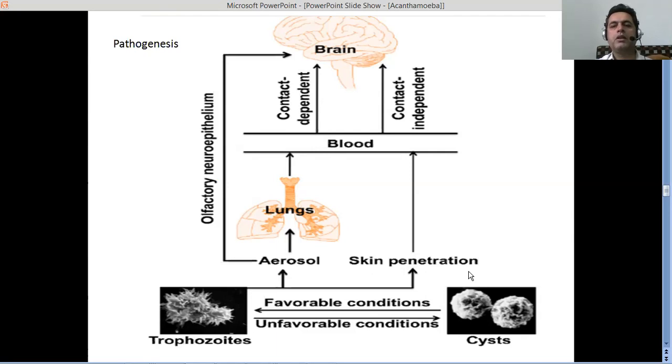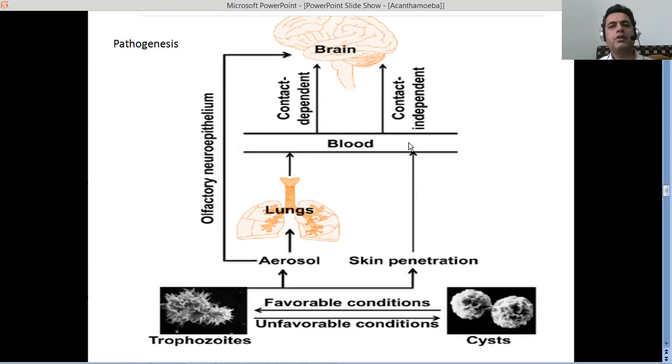Similar is the case with skin penetration. Skin penetration can also lead to the parasite entering the blood, and along with the blood, it would go in and infect the brain tissue.